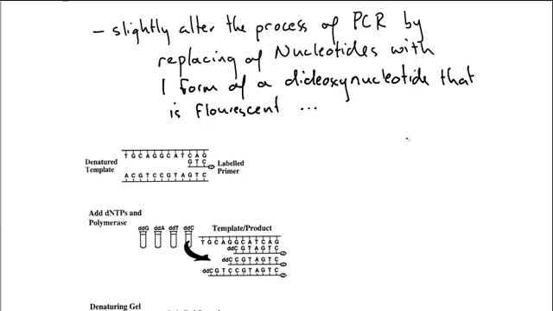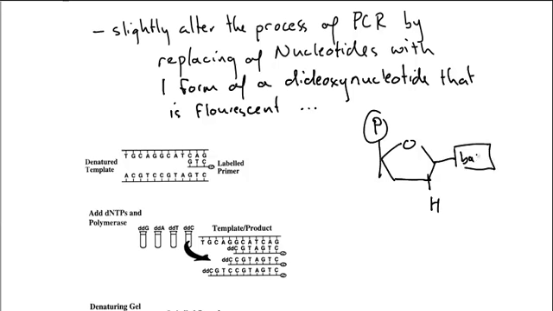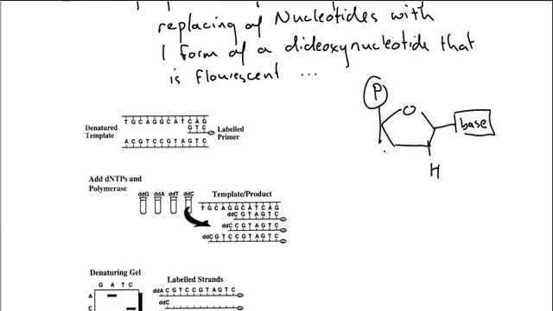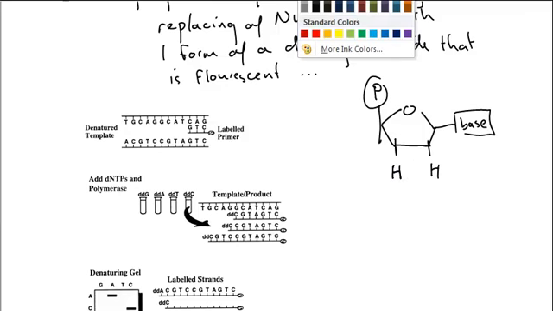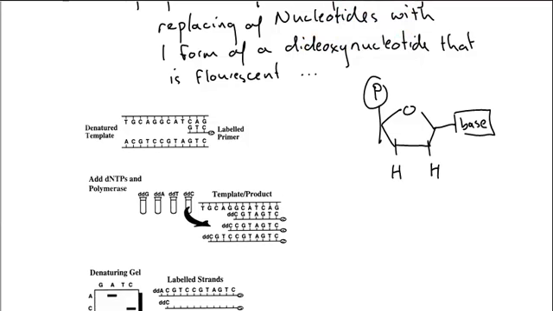So by dideoxy, we take our DNA with its phosphate group, and DNA normally has an H here, and the base, that's why it's deoxyribose. This one's dideoxy, and we've got rid of the O here and put just an H, and the base itself, in some way, shape, or form, will be fluorescent.